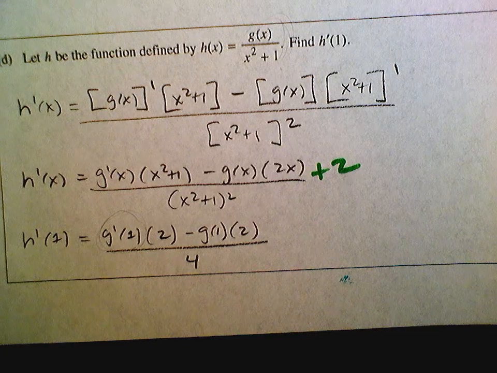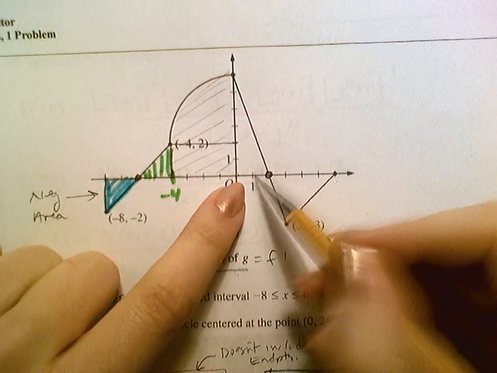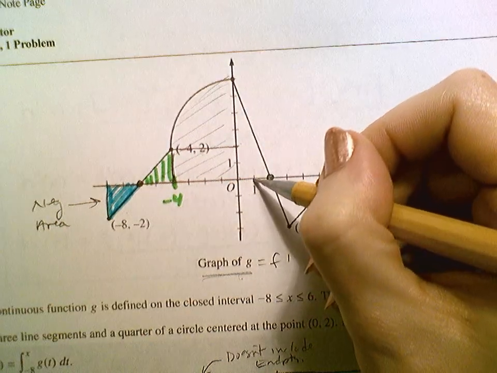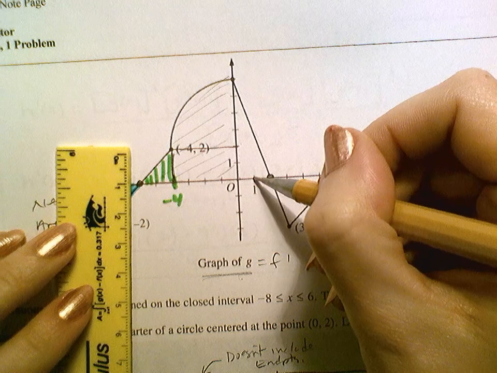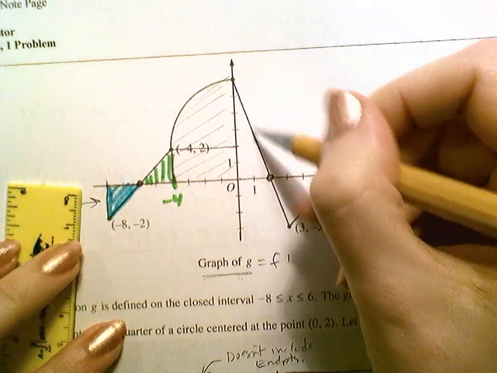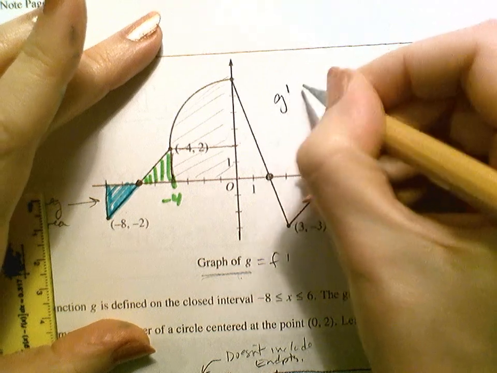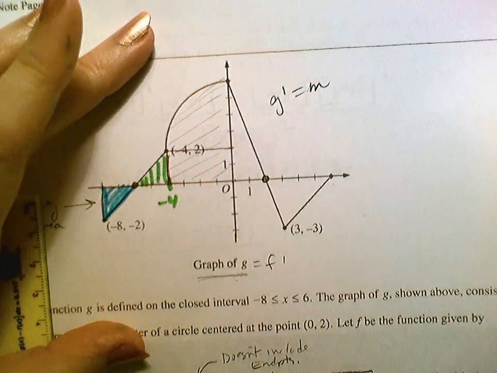So I go over here. I'm looking for g prime of 1. All right, so here's 1. I need the slope, so g prime is equal to the slope.